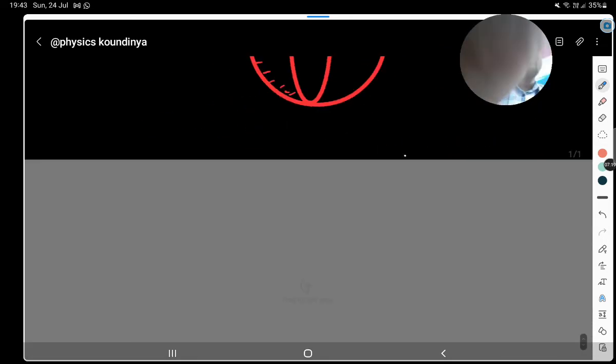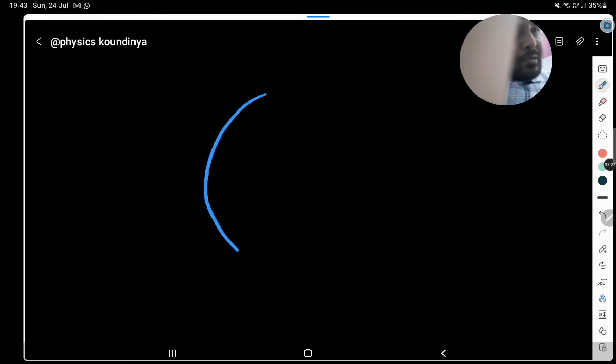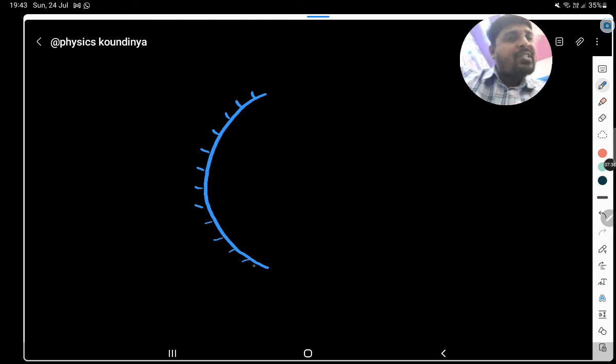Now we are going to understand important terminology of the spherical mirrors. Now, can you guess what type of mirror it is? Okay. The outer surface is silvered and this is the reflecting surface. Now, what type of mirror it is? It is called as a concave mirror.